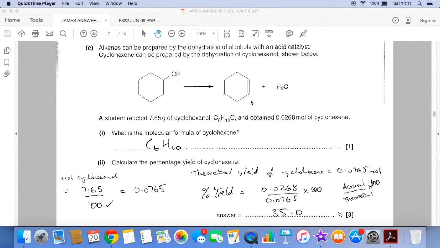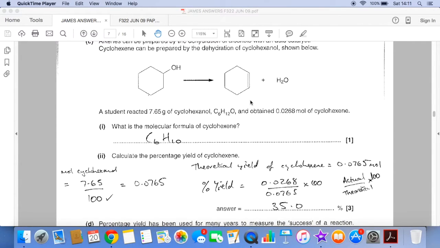The percentage yield, so we're told that 7.65 grams of cyclohexanol is reacted and the student obtained 0.0268 moles of cyclohexene. So the first thing we need to do is work out how many moles of cyclohexanol the student used. So that's 7.65 divided by the MR, which got you a mark, which is 100.